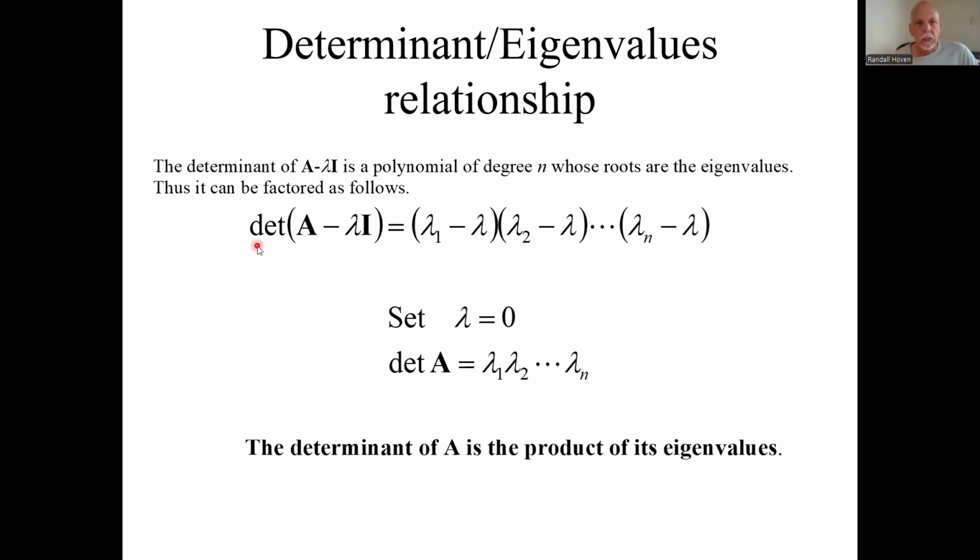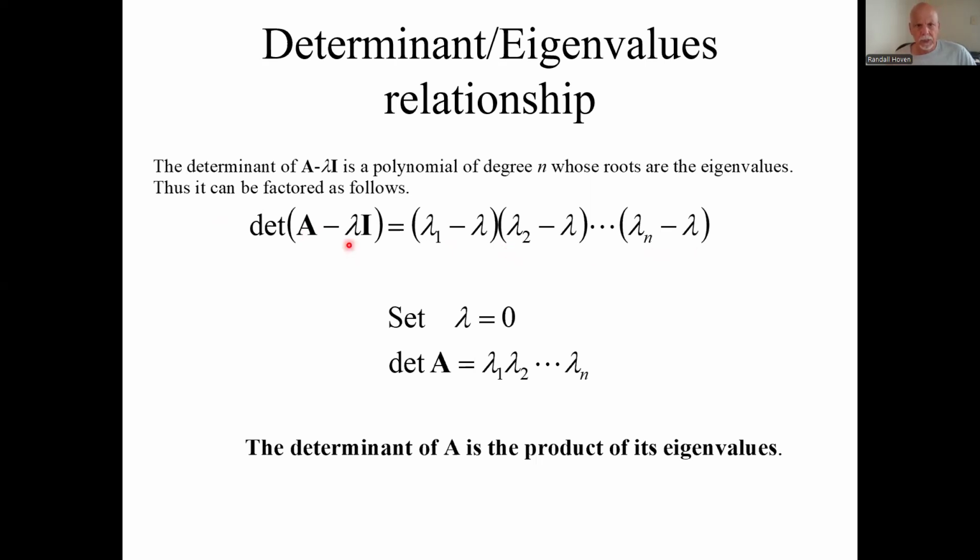It's a little fact. The determinant of this A minus lambda I is going to factor, right, like this, because these lambdas with subscripts are the eigenvalues. So this thing's going to turn into this polynomial that can be factored this way.